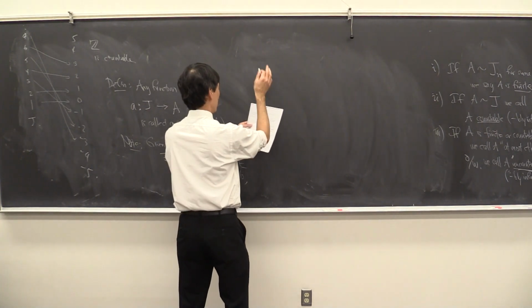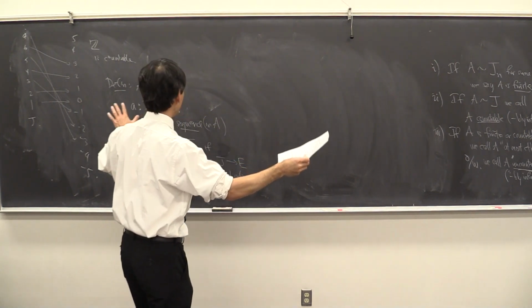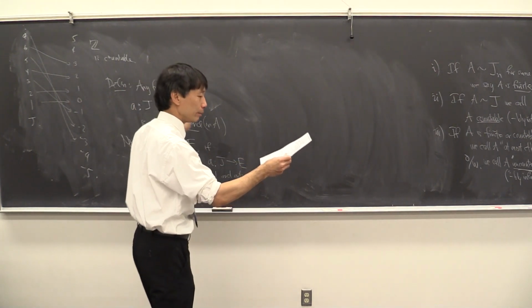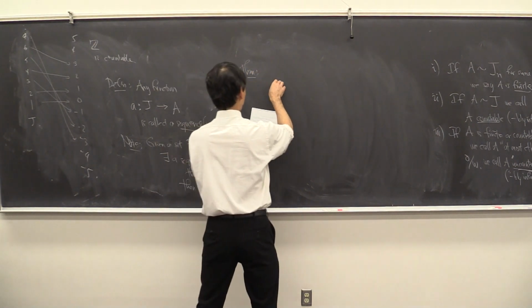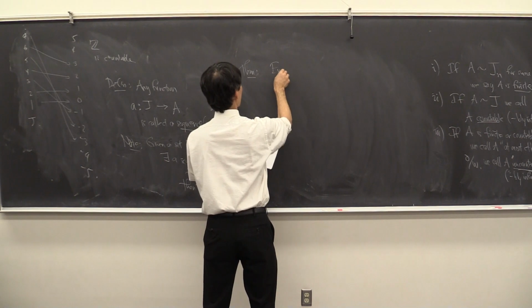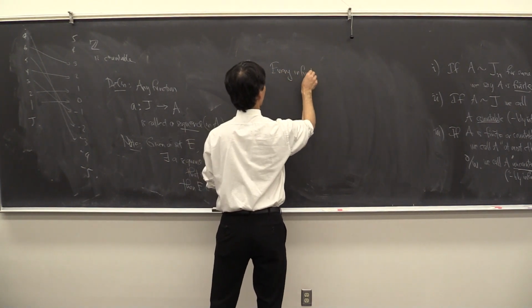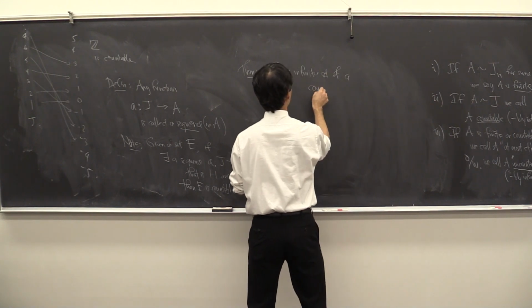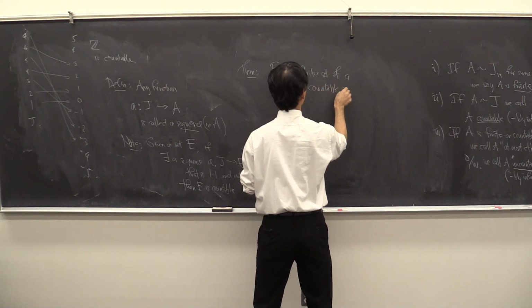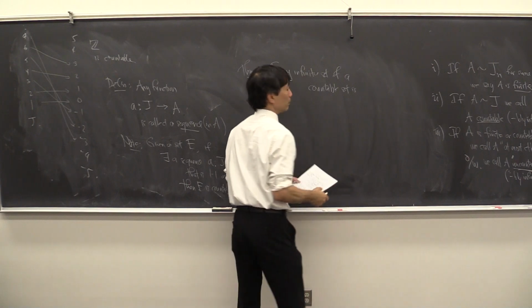So now that we have the terms down, we're going to start proving things. First off, something simple. Every infinite subset of a countable set is, what do you think?